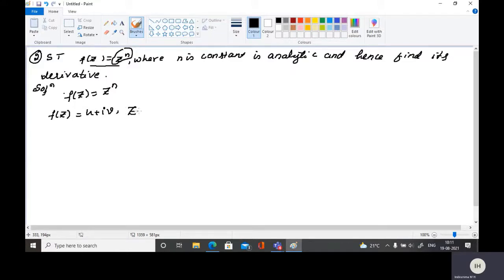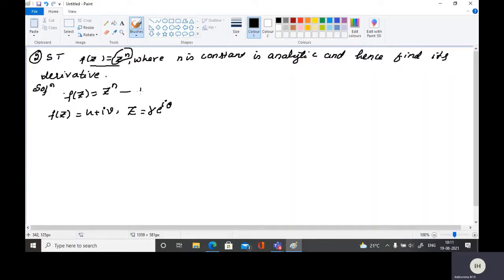We have to substitute for z either in Cartesian or in polar form. If you put z is equal to x plus iy, it is difficult for us to separate the real and imaginary terms. For that I am going to substitute z is equal to r e power i theta. It becomes easy for us to separate the real and imaginary terms.